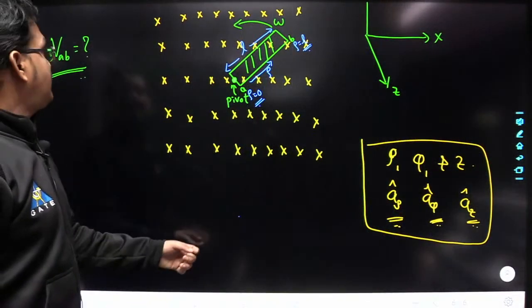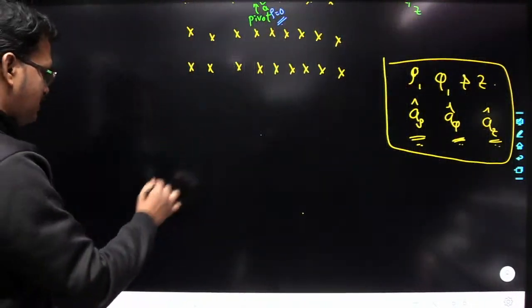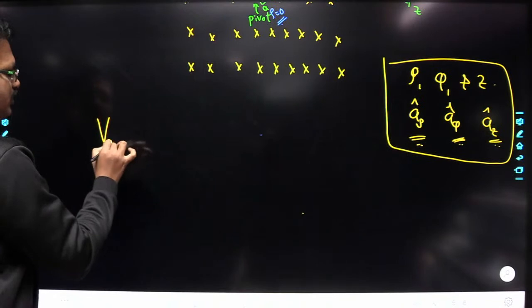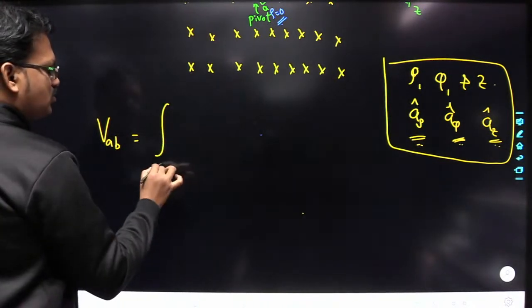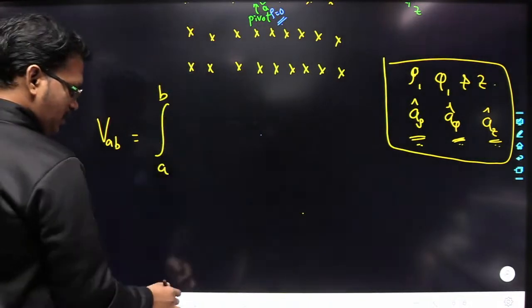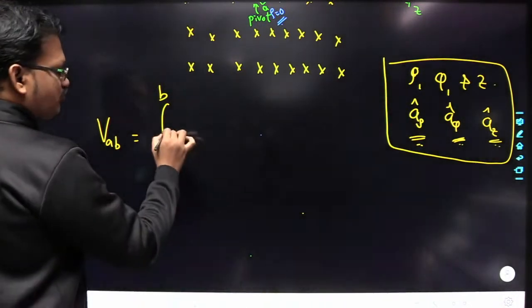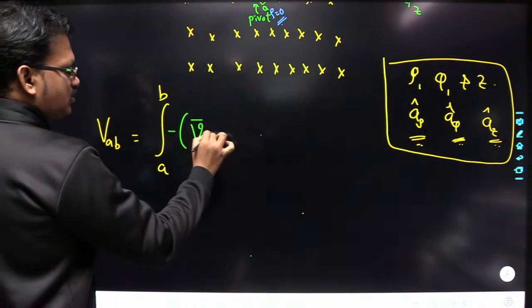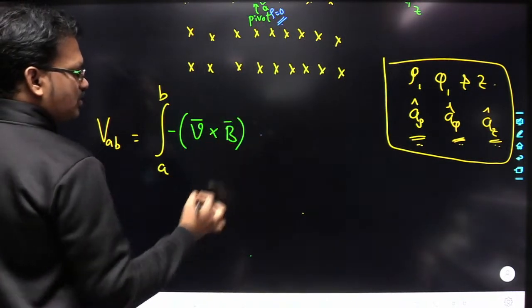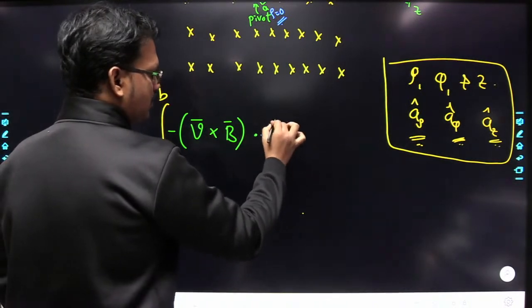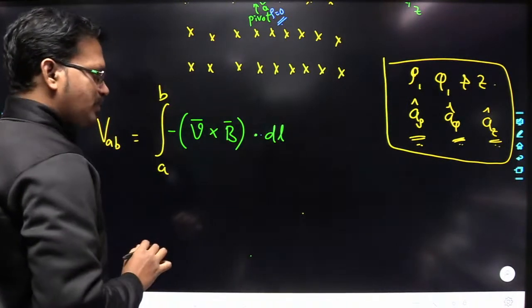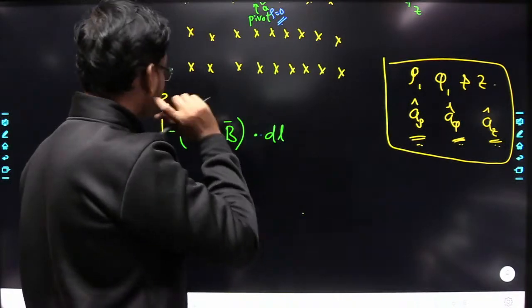Now tell me, what is VAB in this case? Just apply the formula: VAB is equal to the integral from A to B of minus V bar cross B bar dot dL bar.